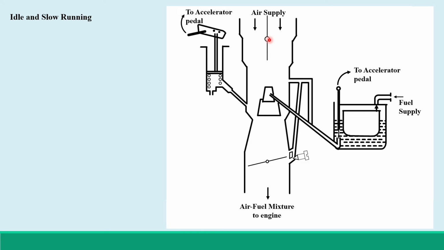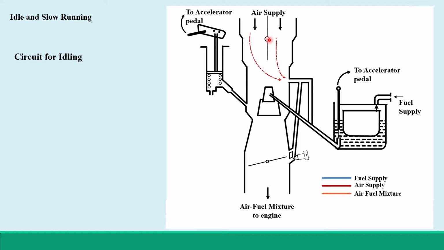Now during idle and slow running. So here the circuit for idling is this incoming air is going to take this passage here and enters this low speed jet.